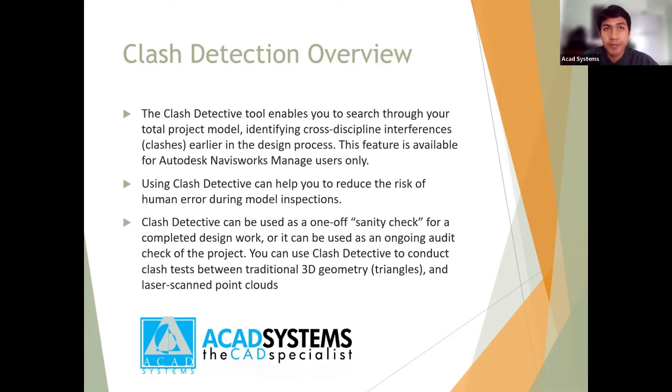Basically, once you model, you bring it into Navisworks to check the clash. You can do it within just your own model, or bring in other models and check the clash. If you check within your model, it can also make sure you don't have any duplicates.